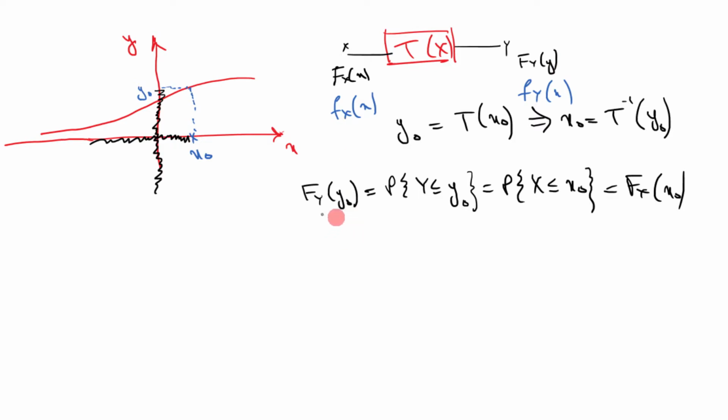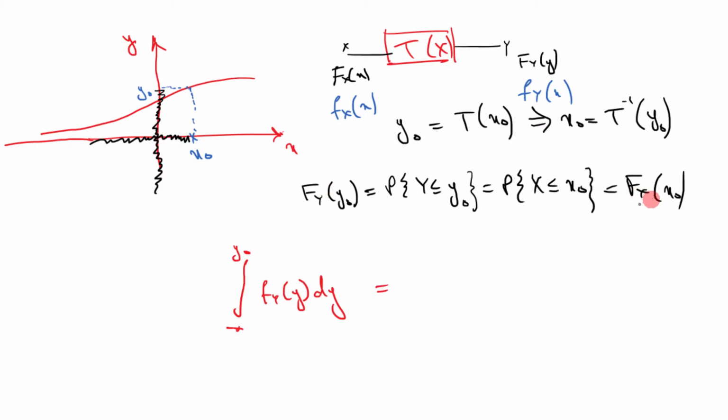As all of you know, this distribution function F_Y of y naught can be represented as the integral from minus infinity to y naught of f_Y of y dy. It is simple calculus.